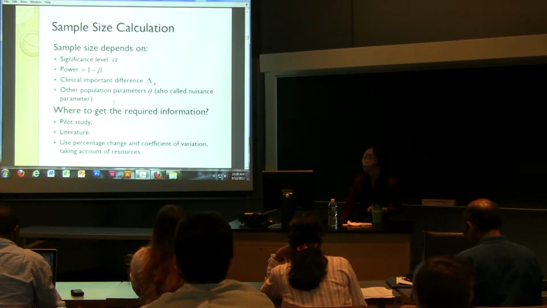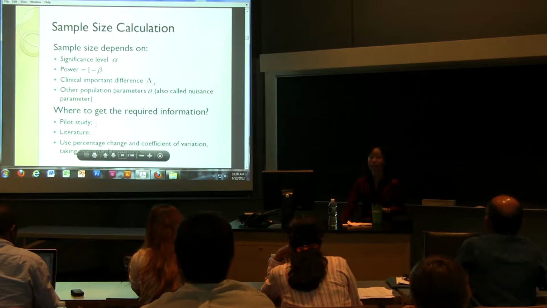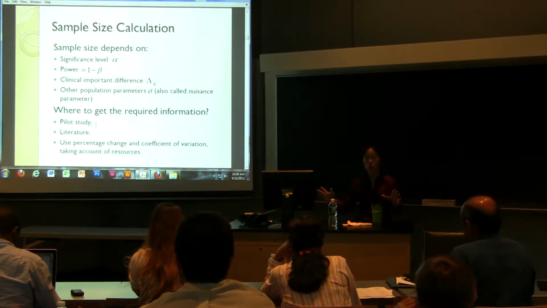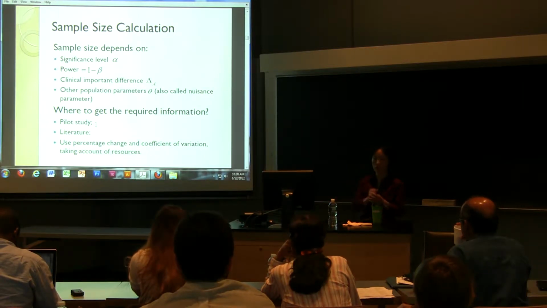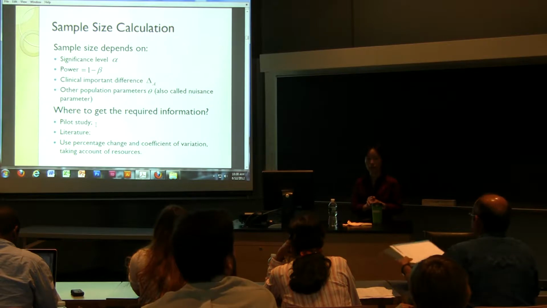The question is, before we do the experiment, where can I get this information? One way to get it is to do a pilot study. If we cannot get the information from literature, we do a pilot study, a very small study, to get some idea about the mean difference and also the standard deviation.